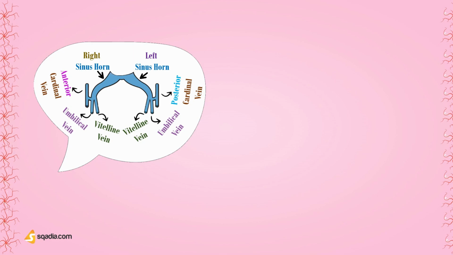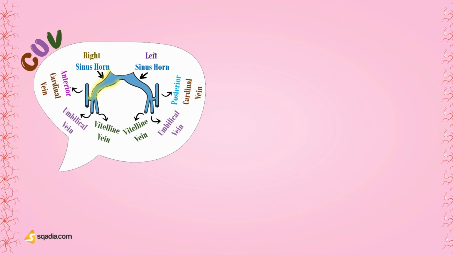You can memorize it as CUV: C for cardinal vein, U for umbilical vein, and V for vitelline vein. The left sinus horn becomes smaller and less significant.